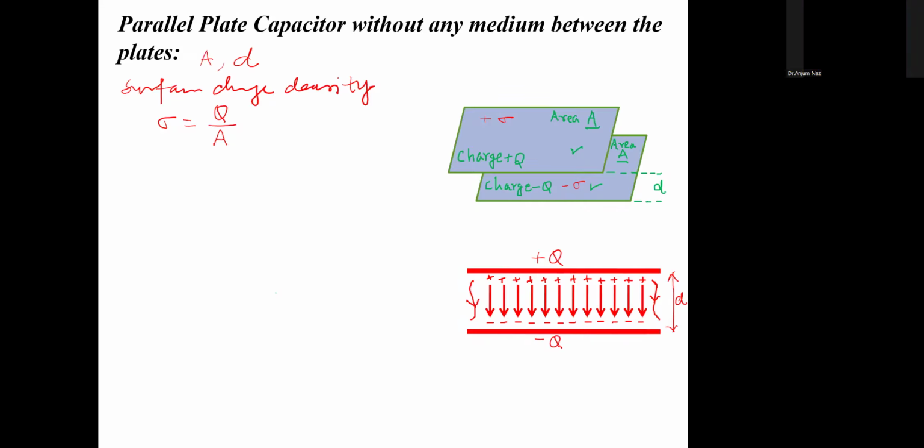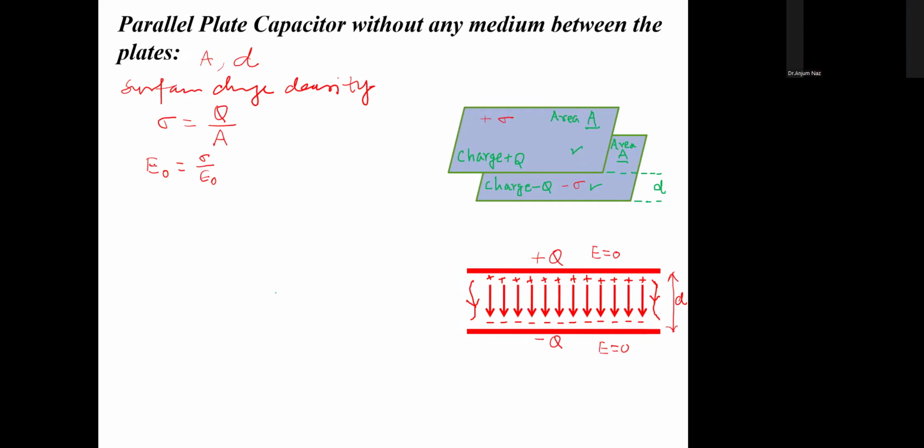According to Gauss's theorem, the field outside the plate is zero, as discussed in the previous class in detail, while in between the plates the field is E naught equal to sigma upon epsilon naught.